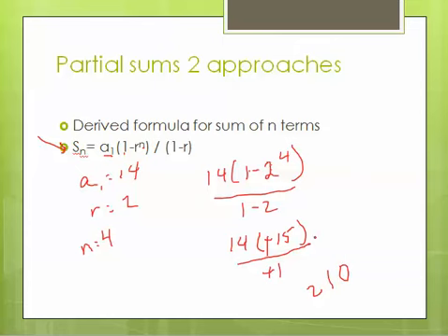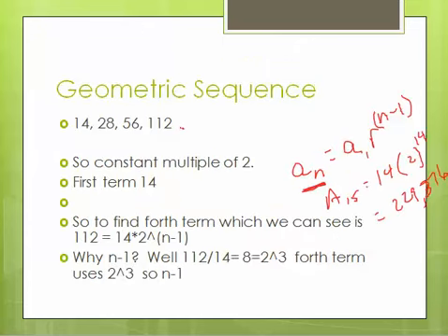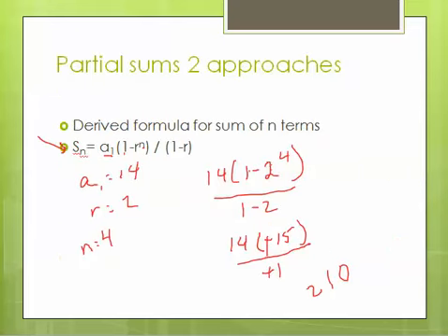Let's just back up here a second and add these numbers up. 14 plus 28 plus 56 plus 112, and I wind up with 210. Voila, the formula works. We can make that work for us.